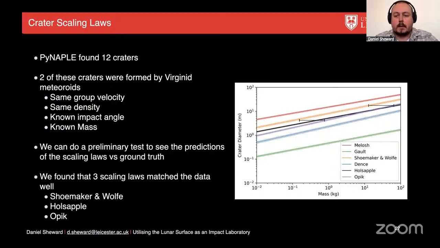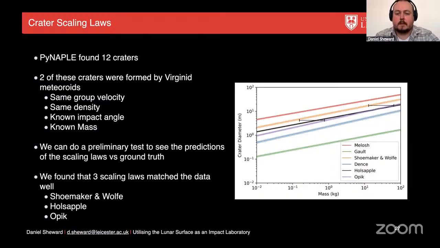So it's a lot easier to do a preliminary test to see which of these scaling laws match up best to the data. We did so and found that 3 scaling laws match the data quite well: Shoemaker and Wolf, Holsapple, and Opik. That was quite surprising to me, because the typically used scaling law in lunar impact flashes previous to this was Melosh, which is shown to be quite off the mark.